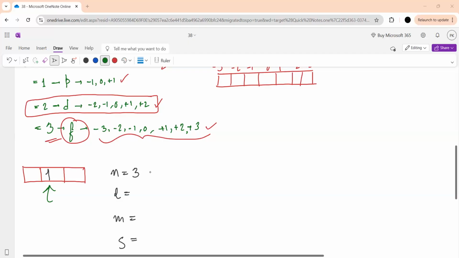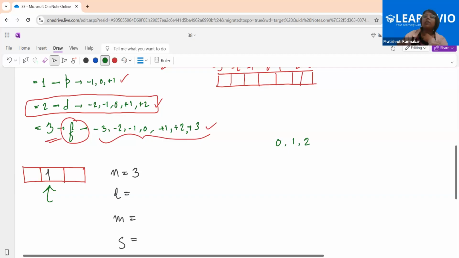Say, what did you get? L is 0, 1, 2. The values of L for n equal to 3 are 0, 1 and 2. But I am asking you for the specific case. In this case, what will be the value for L?